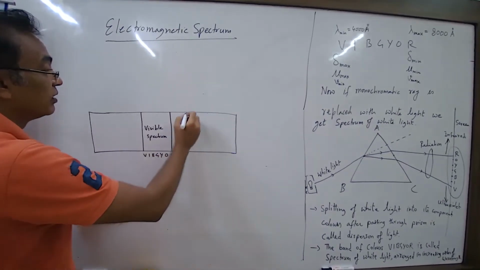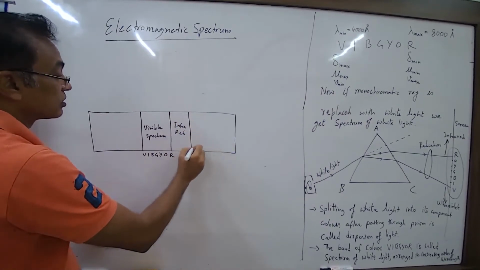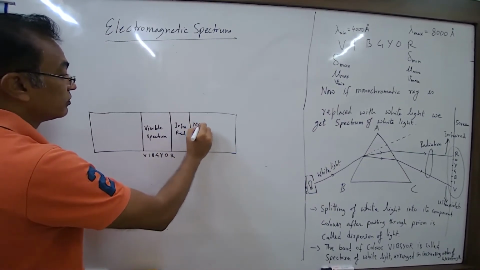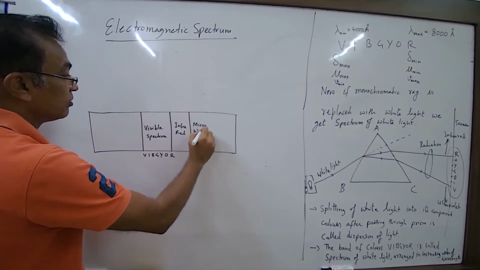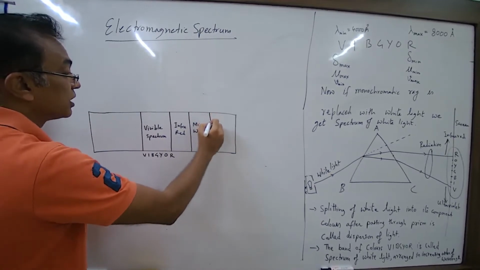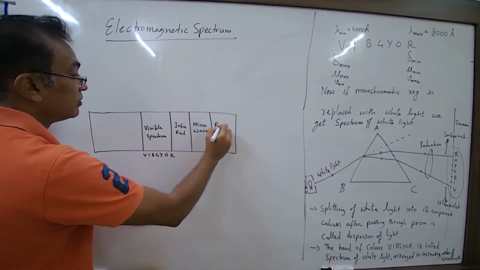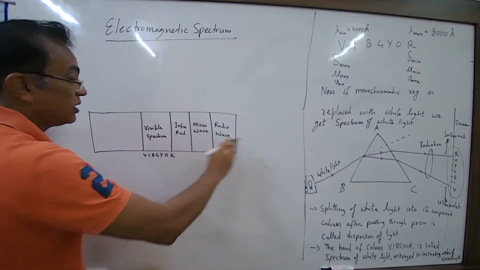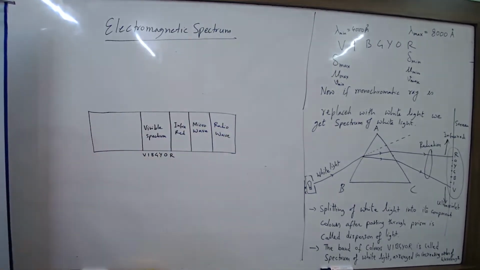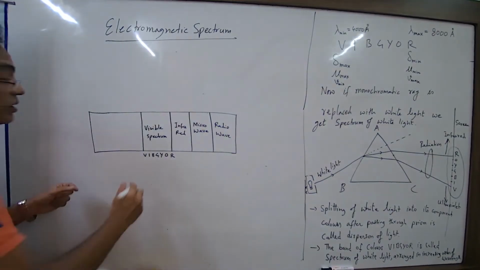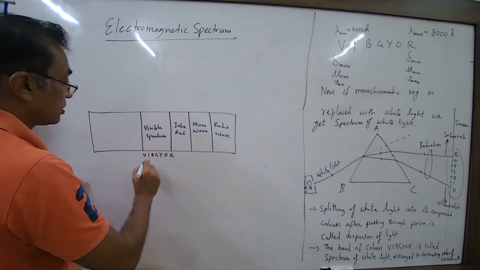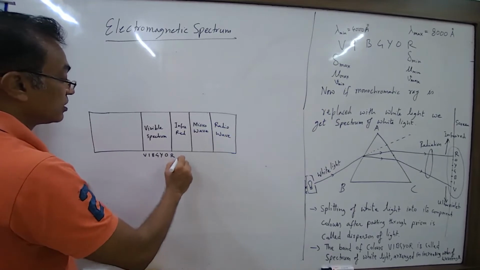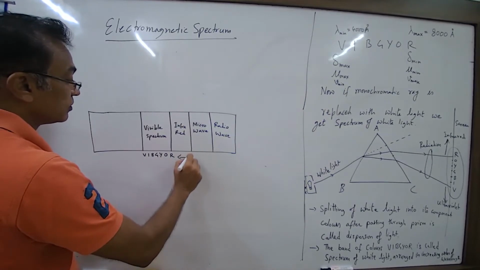Beyond red, what is there? Infrared. Beyond that? Microwave. Beyond that? Radio wave. Understood? All these radiations are invisible. So this is visible, and these are all invisible.